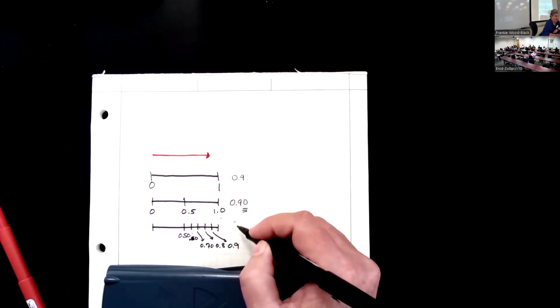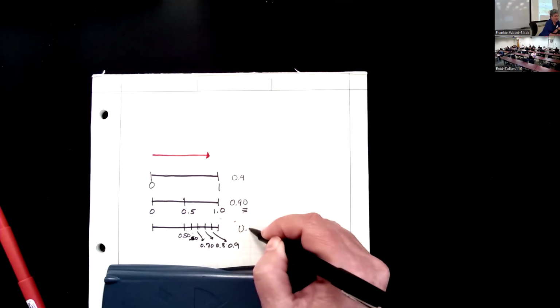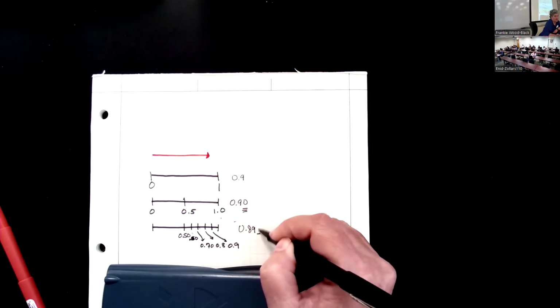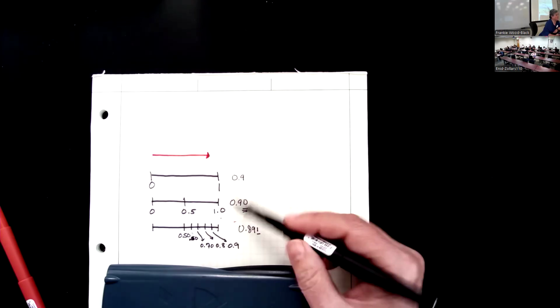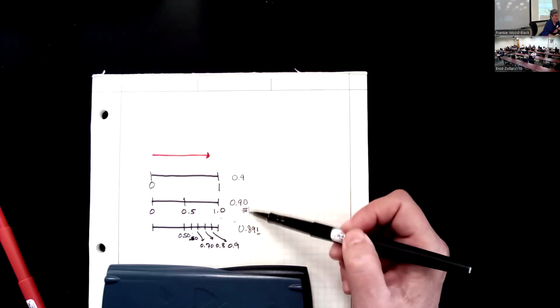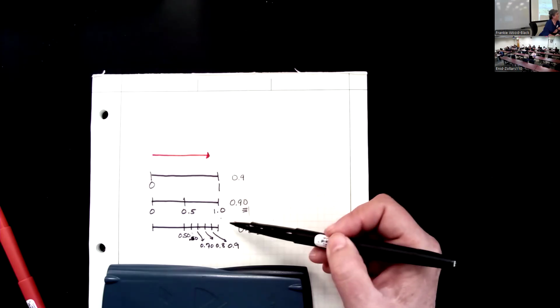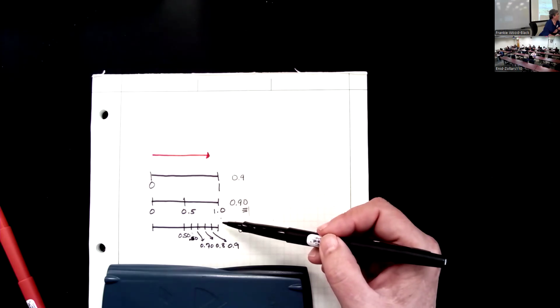So now I'm going to say 0.89. I might be able to say it's over to 1, but I'm going to base my error off of the scale that I have.